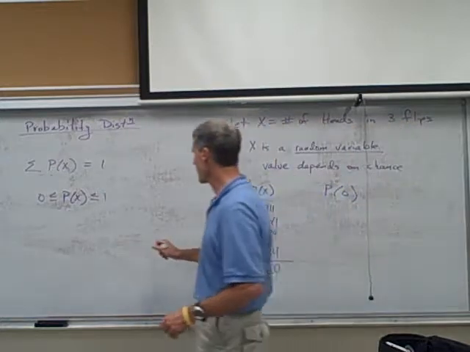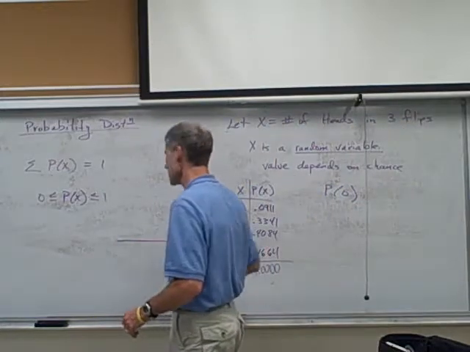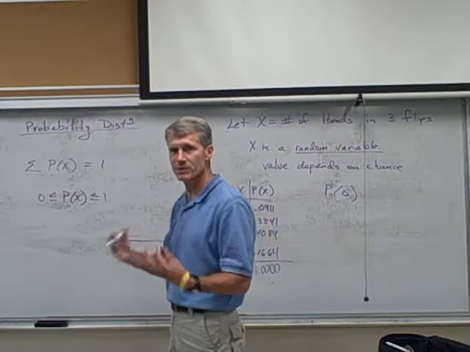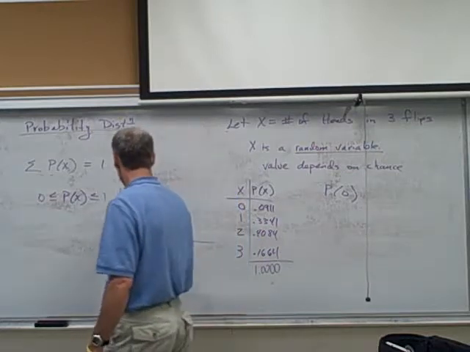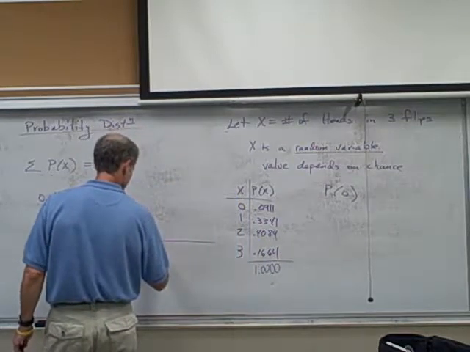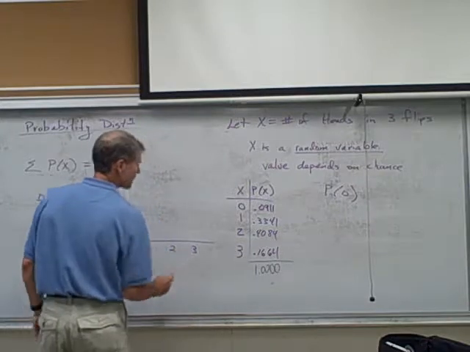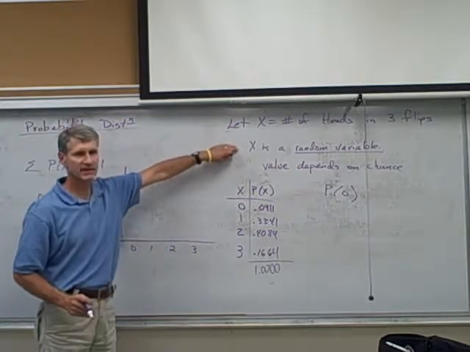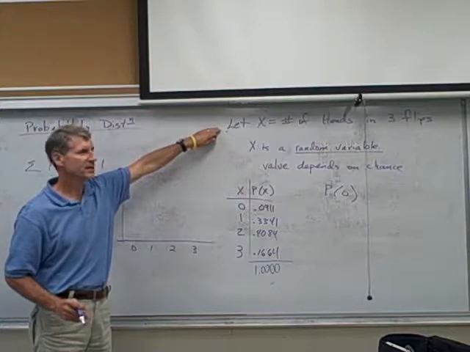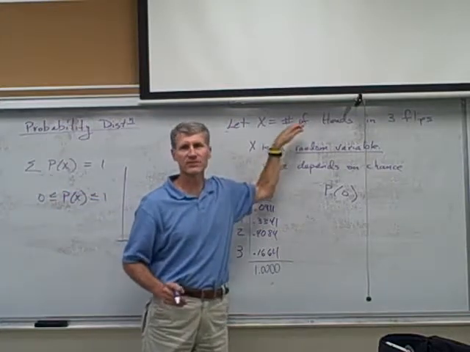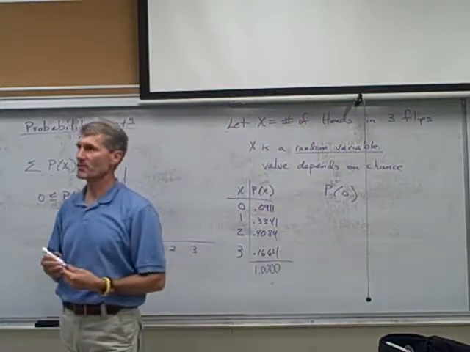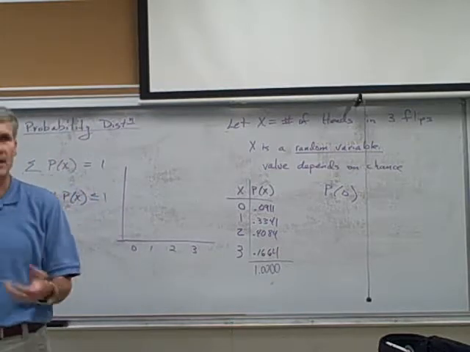Now you can graph a probability distribution just like a histogram, just like a distribution of the population. If I define, by the way, I forgot to say this, this is a discrete random variable, the way I've defined it, because it cannot take on fractional values. If I'm counting the number of heads, I can't get 2.3 heads.